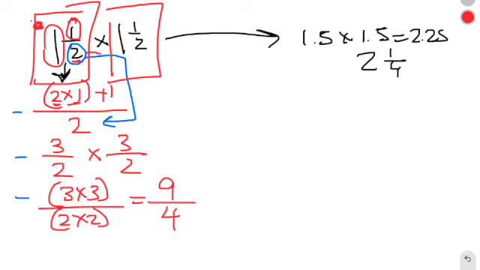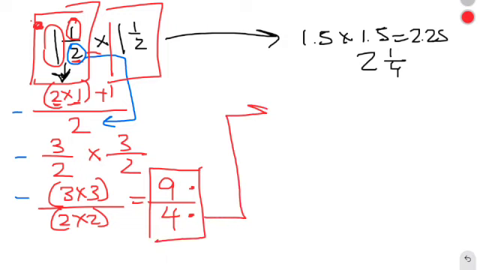So if you put your calculator 9 divided by 4, you'll see that the answer is 2 1/4. Of course, we would now be tasked with converting this improper fraction to a mixed number, and we're going to do that in another video.